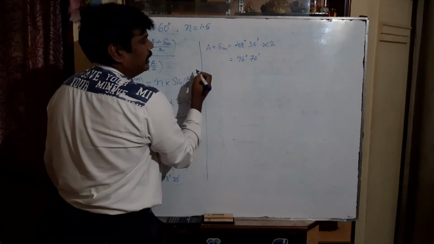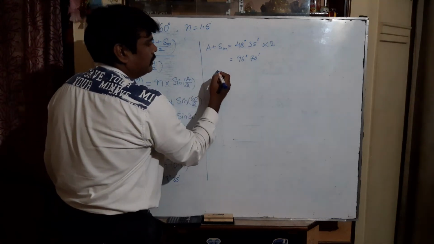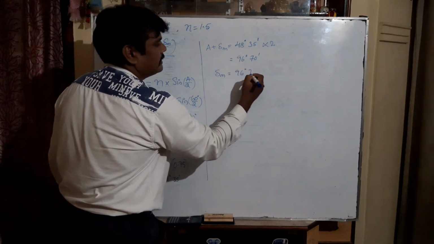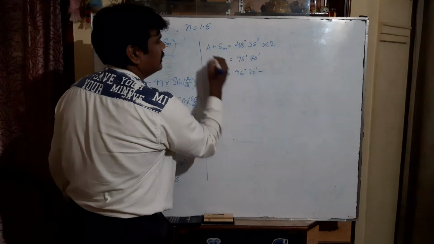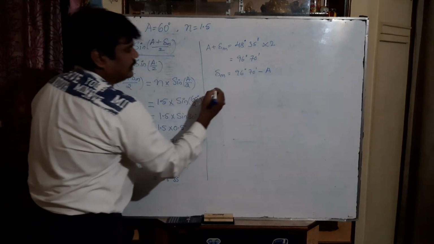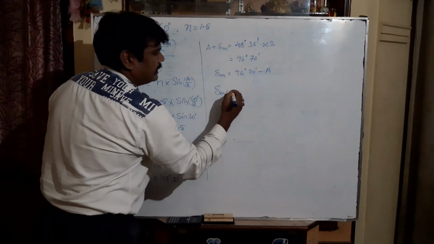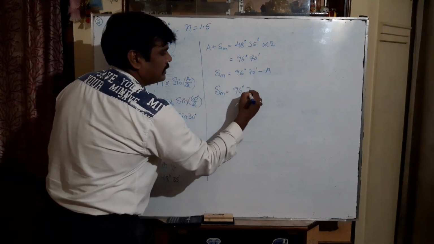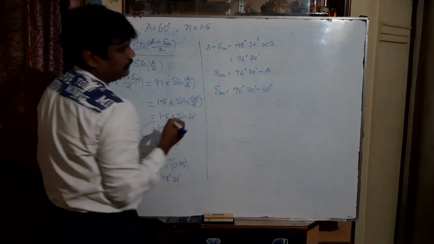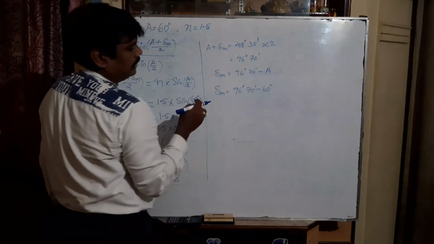But I want only delta m. So in the next step, delta m is equal to 96 degree 70 minutes minus A. A is given, it is 60 degree. Delta m is equal to 96 degree 70 minutes minus 60 degree 0 minute.